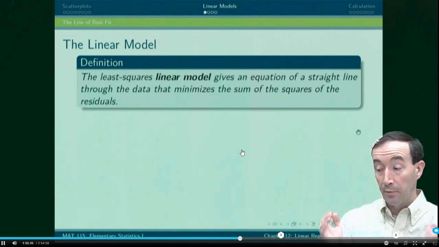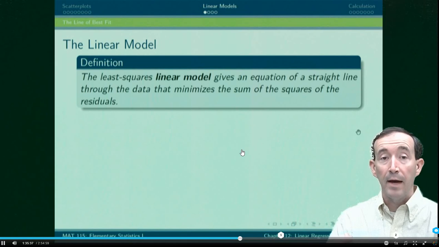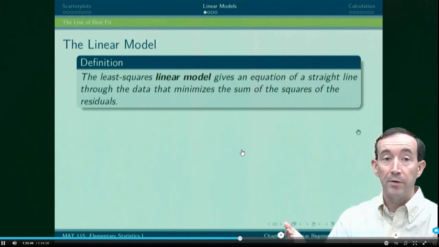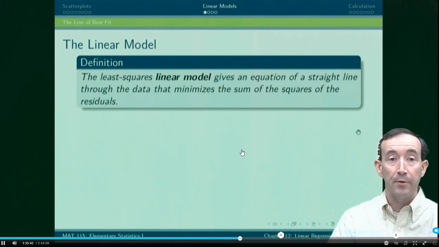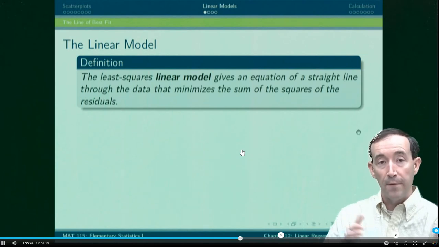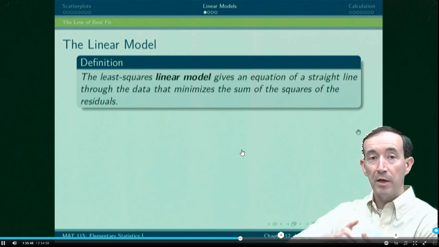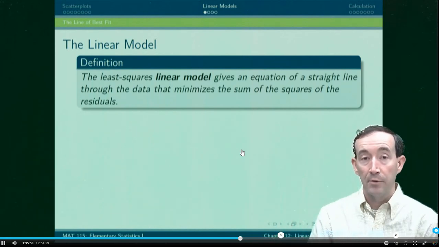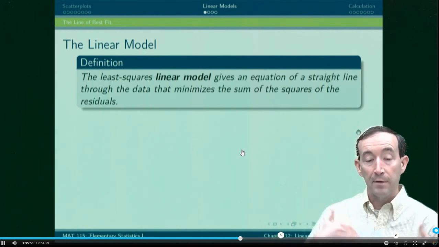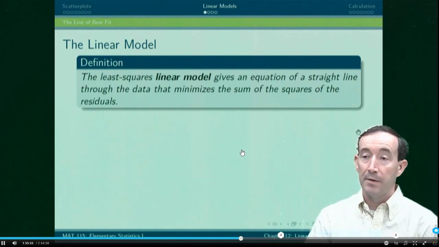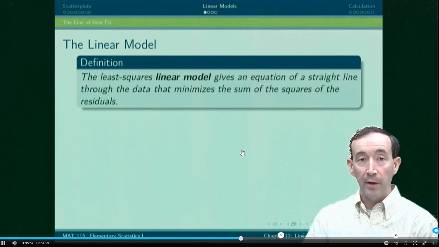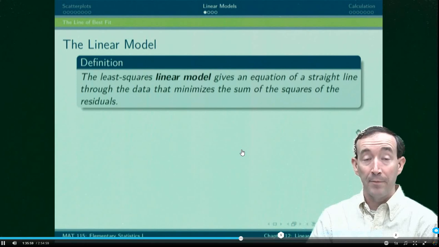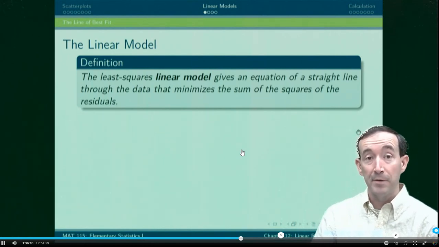That gives us something called the residual. And then we add up the squares of those, similar to how we calculated variance before. If you add up the squares of those, and you look at what that does as you change the slope and the y-intercept of the line you're using, you will find that there's a quadratic function that you can minimize. And if you can find where the minimum happens to be, those of you who've taken algebra may recall the minimum of a quadratic happens at the vertex.